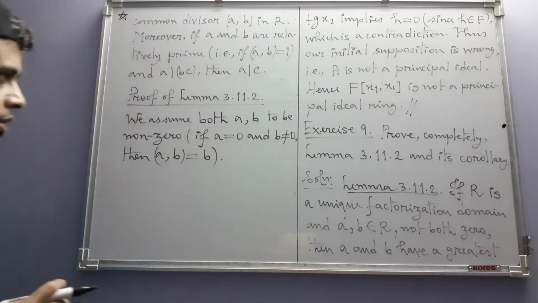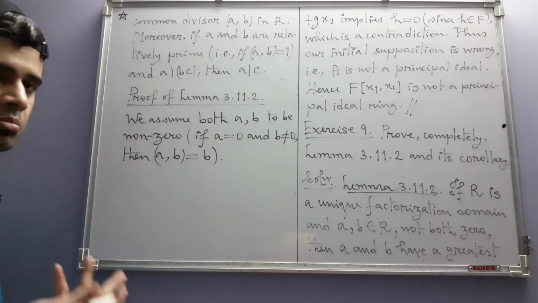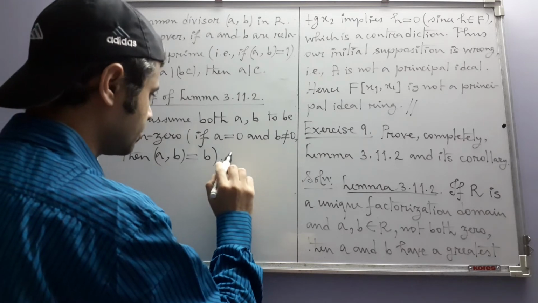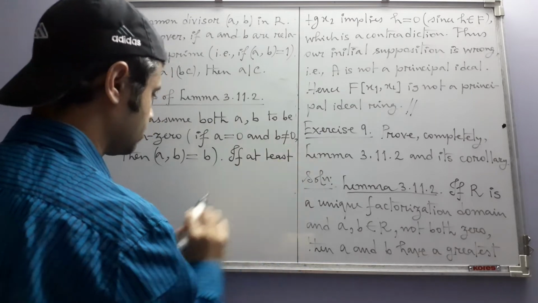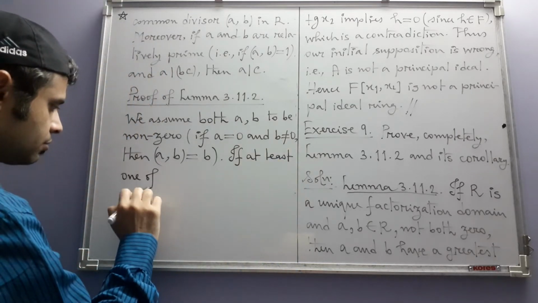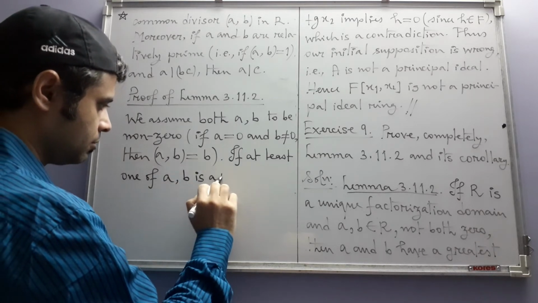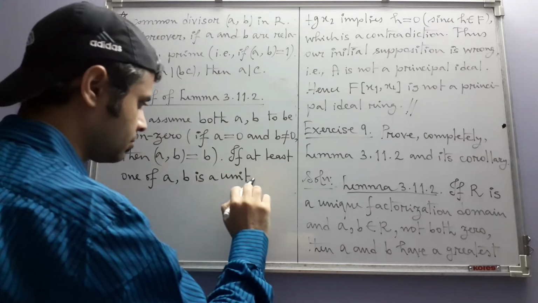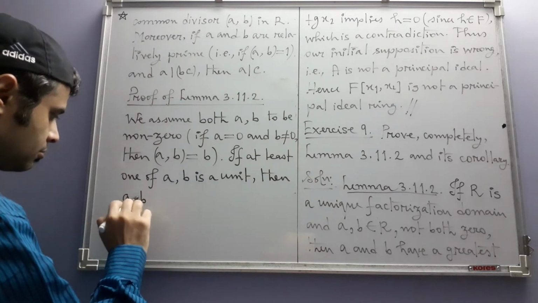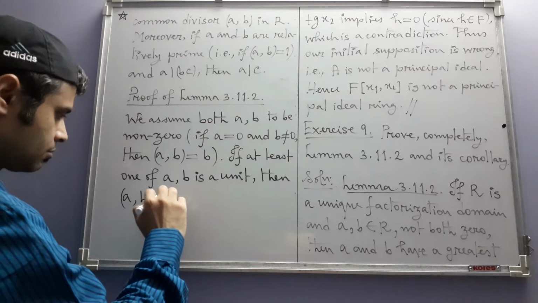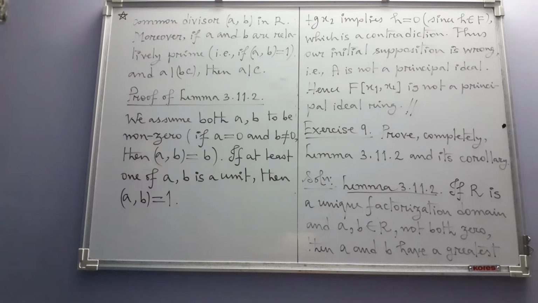Okay, now what happens if at least one of them is a unit, an element that has a multiplicative inverse in the ring? If at least one of A or B is a unit, then the GCD can be taken to be equal to 1. Why is that so?